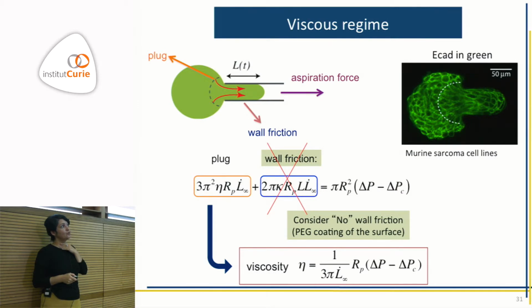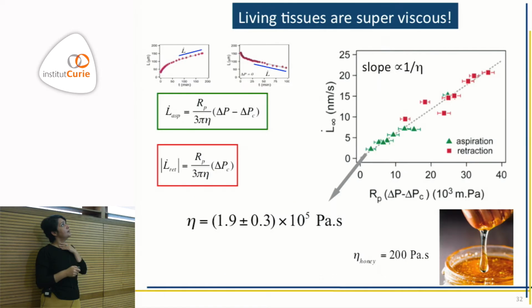So you have two unknown terms. Let's go back. Yeah, here. For knowing your speed of advancement, you have two unknowns. But since you have an aspiration curve and the retraction curve, from these two equations you can get your viscosity and the surface tension.